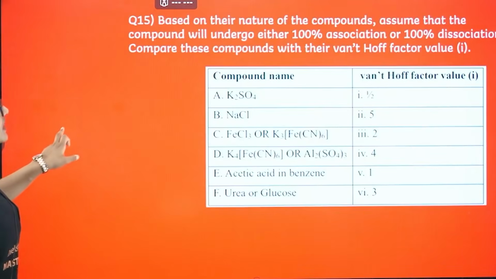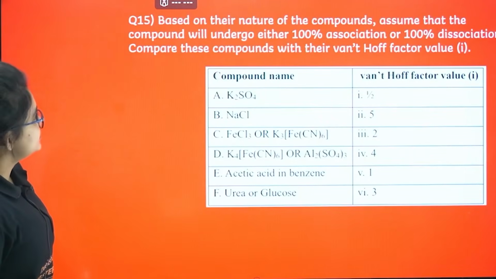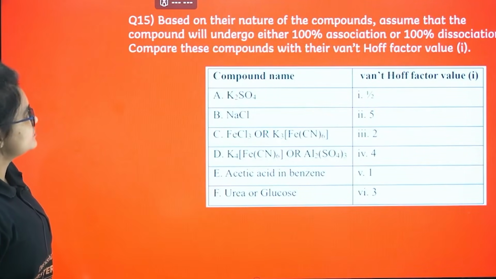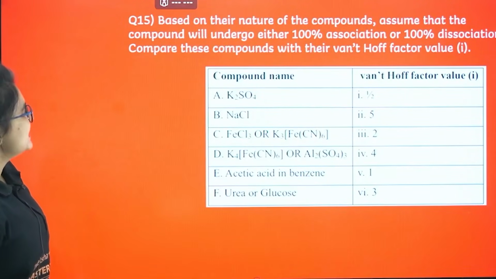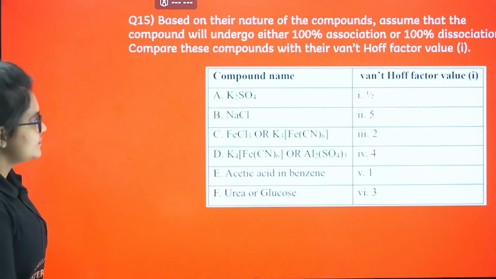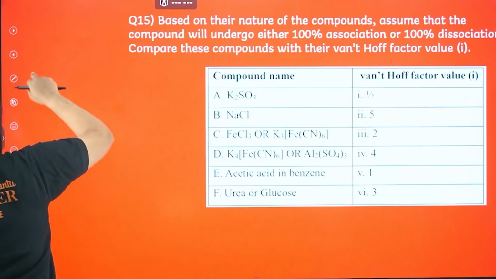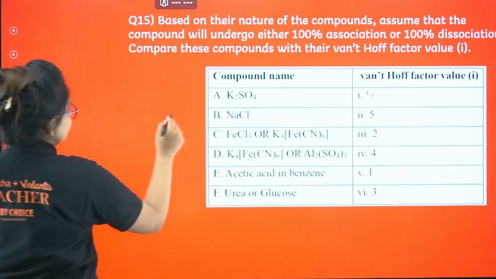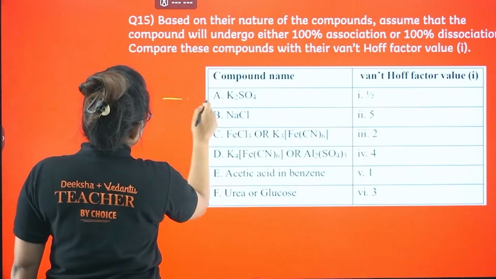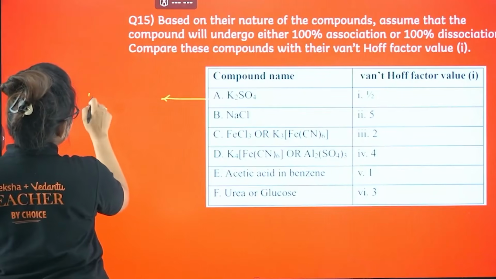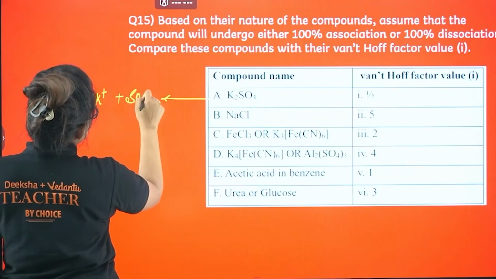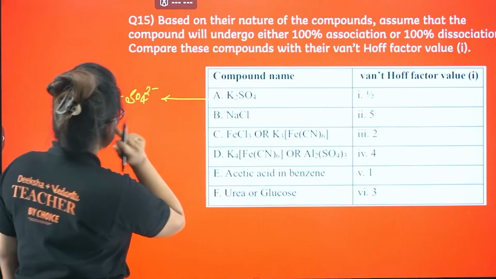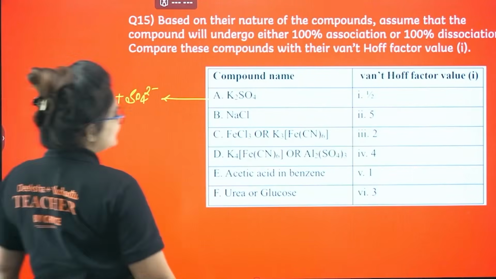Let's proceed. Based on the nature of the compounds, assume that the compound will undergo either 100% association or 100% dissociation. Compare these compounds with a Van 't Hoff factor value. What we have to do here is just break them into ions. For K2SO4, 2K plus and SO4 2 minus. How many ions? Count: total 2 plus 1, 3. Right?